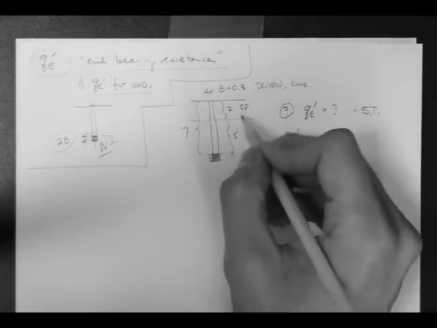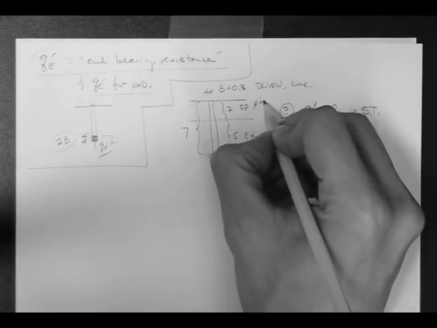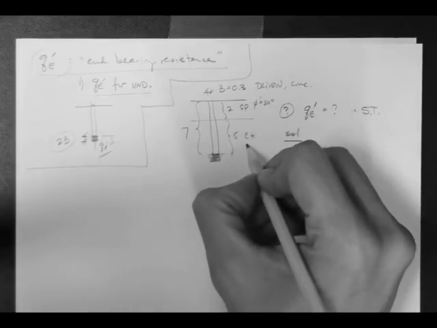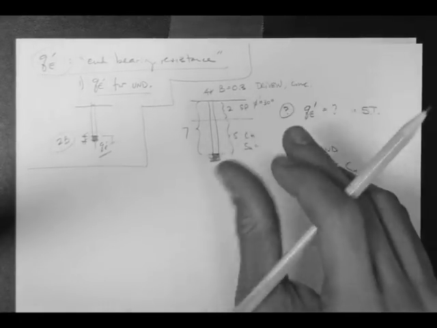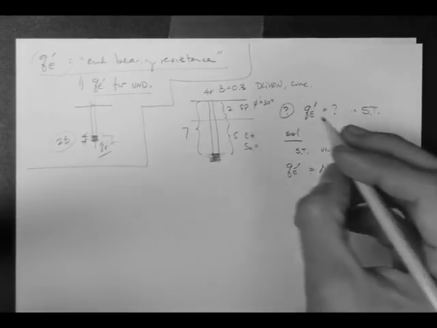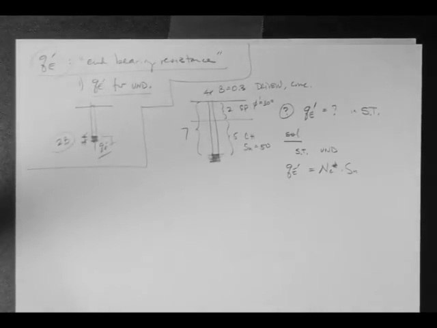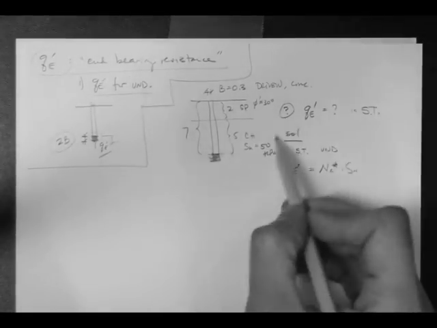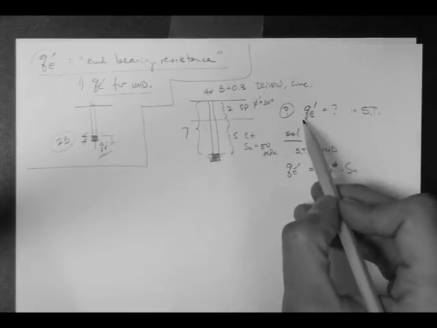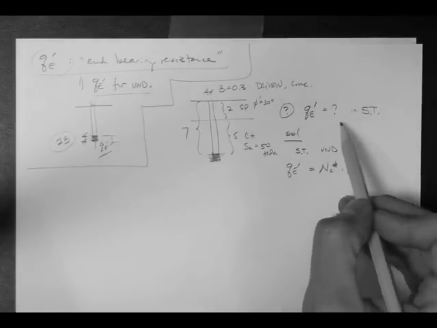Oops, I forgot to give you parameters here. This could be phi equal 30, SU equal, let's say 50 kPa. Okay, so you would be given this. So the question is, what's QE prime? Short term.